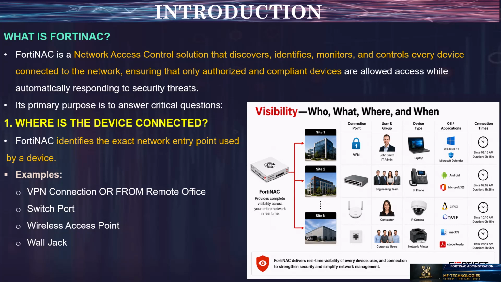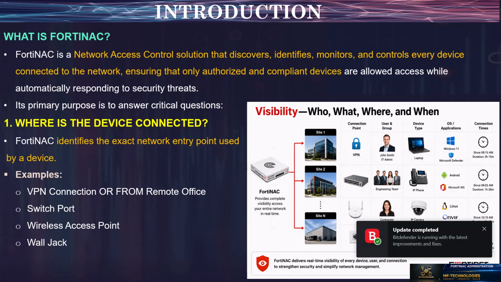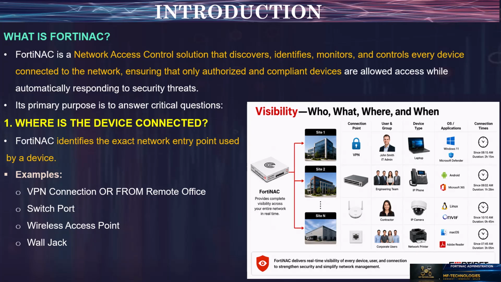For example, instead of simply seeing an IP address like 192.168.10.55, Fortinet tells you the laptop is connected to switch 5, port 18, on the third floor of building A. That level of visibility dramatically reduces troubleshooting time and allows administrators to respond quickly when suspicious devices appear.